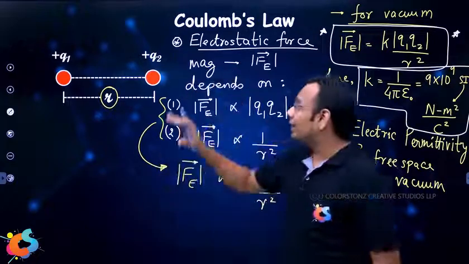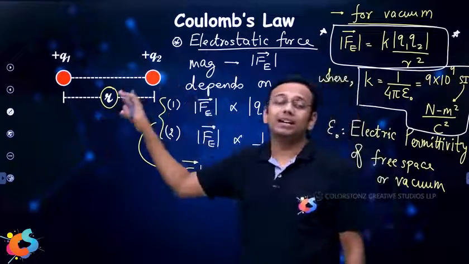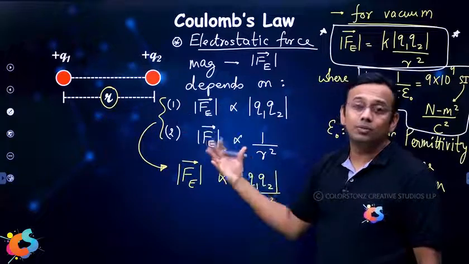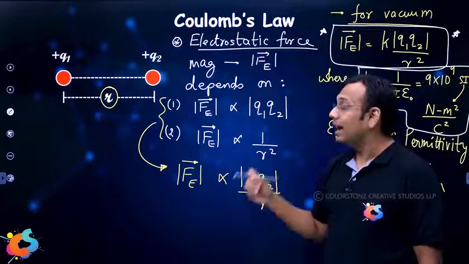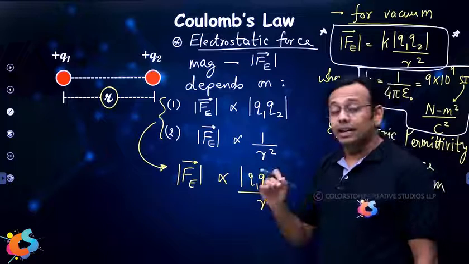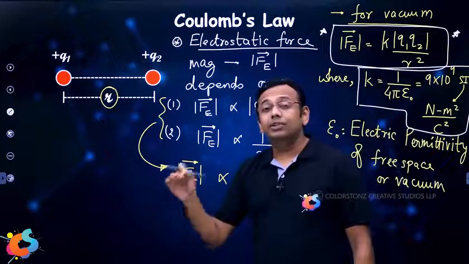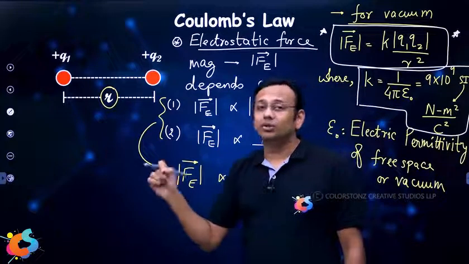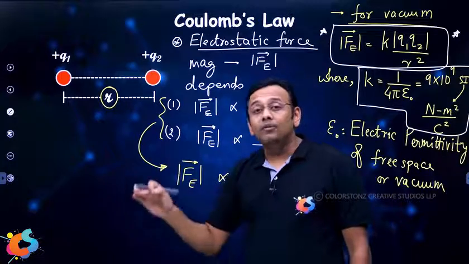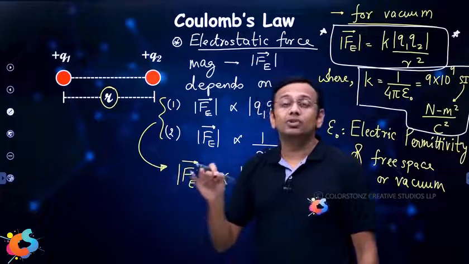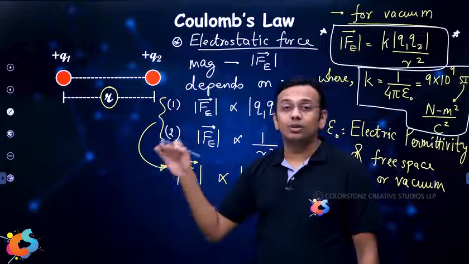We can find the direction of the force acting on these two charges also. As per Coulomb's law, the direction of force acting on the two particles will always be along the line joining the two particles or the two charges.